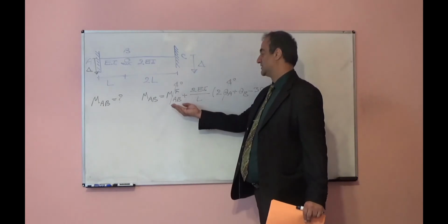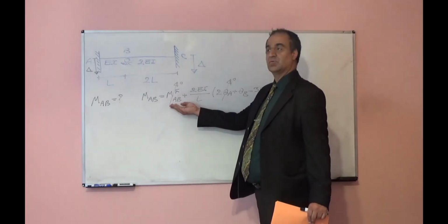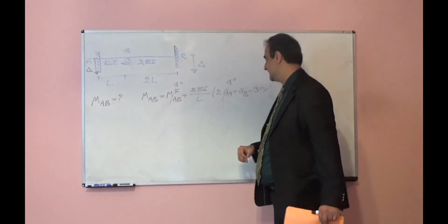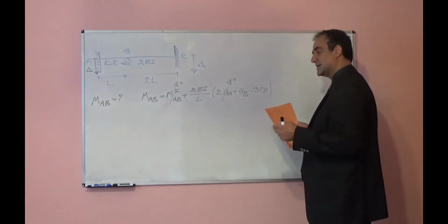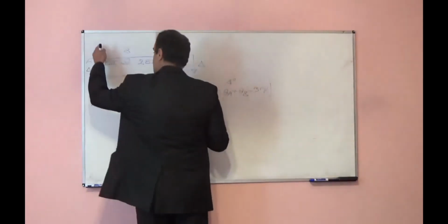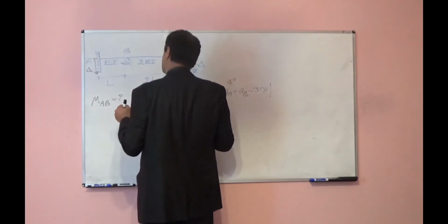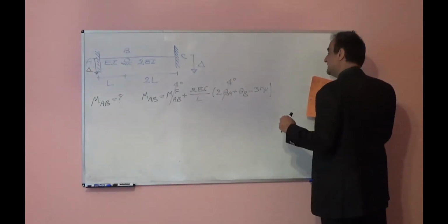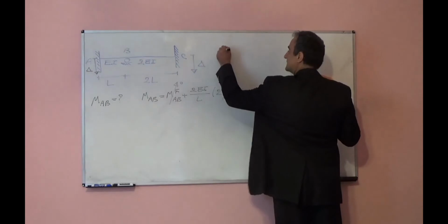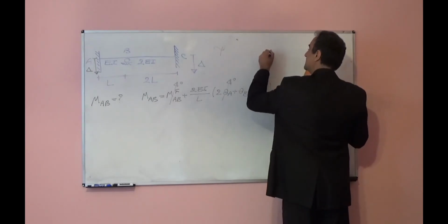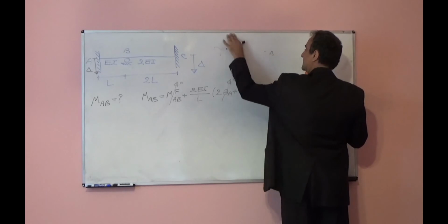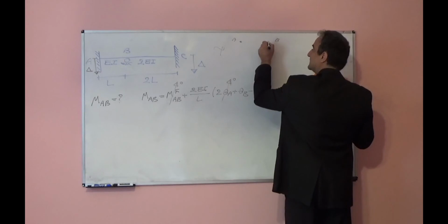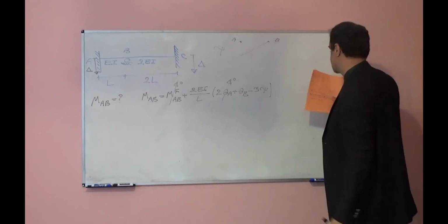M_AB, slope deflection equation. M fixed AB, the fixed end moment because of external load, is 0 because there is no external load, plus 2EI over L, 2 theta A is 0 because there is no rotation at this support and it is a fixed support, so theta A is 0. Theta B minus 3 psi. Psi here, A initially, B, then it is like this.